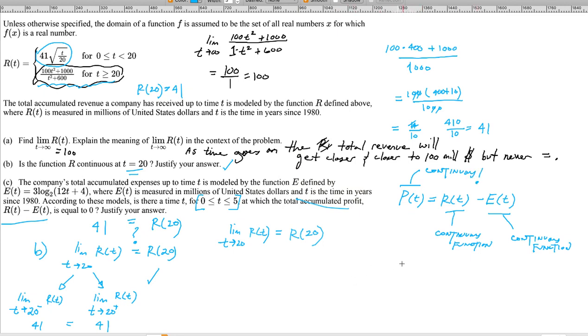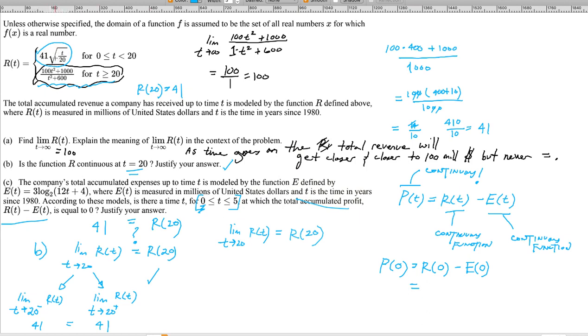Now the next thing that I show is that P of 0, one endpoint of my interval, is going to be equal to whatever R of 0 is, minus E of 0, because that's my definition of P. So R of 0, if I plug in 0 here, 0 times 0 over 20 is 0.